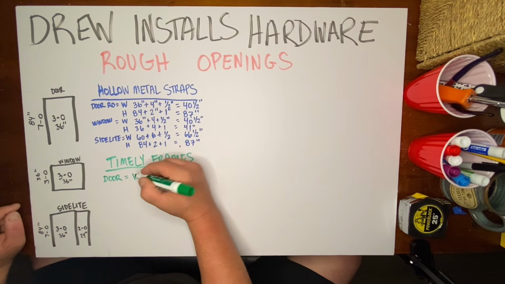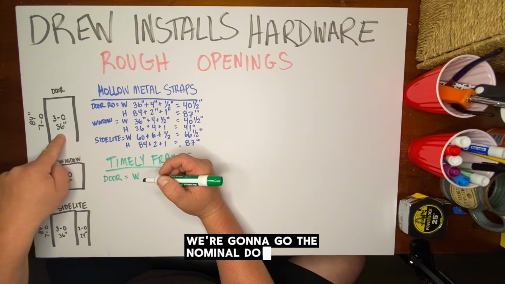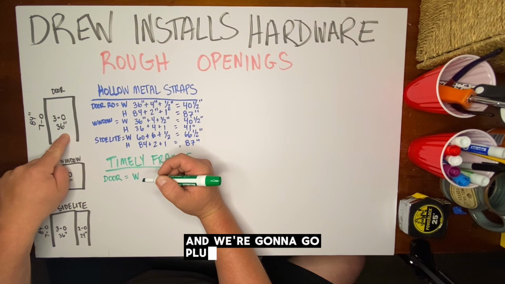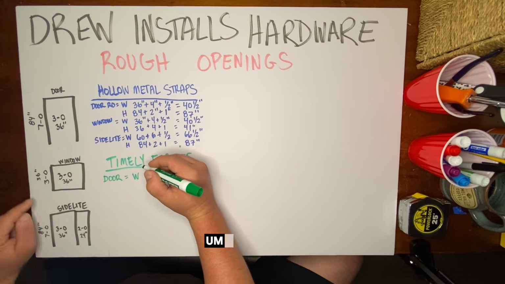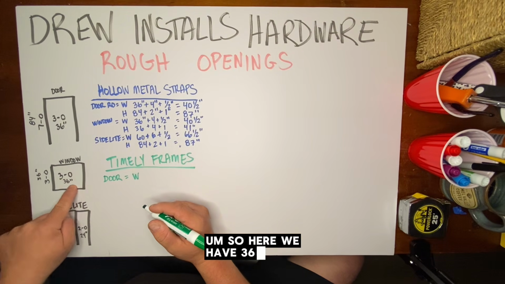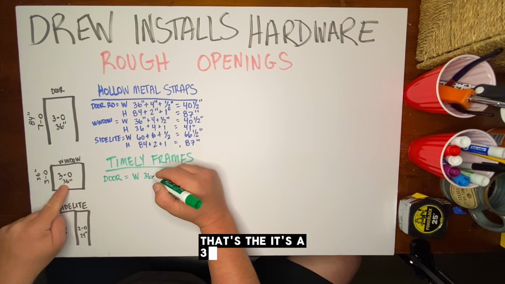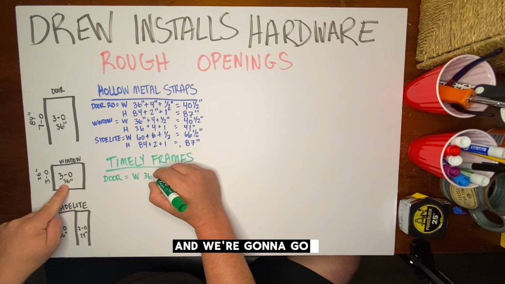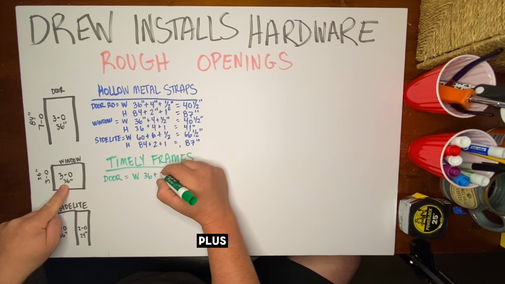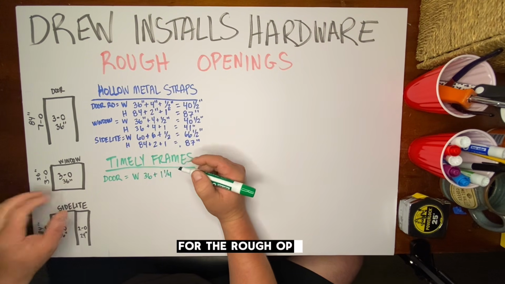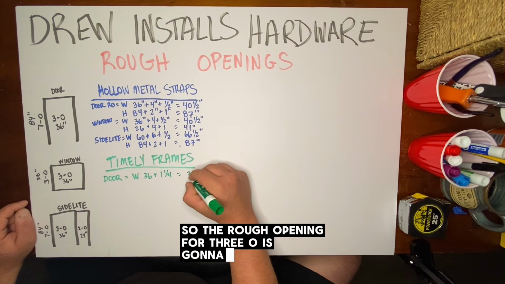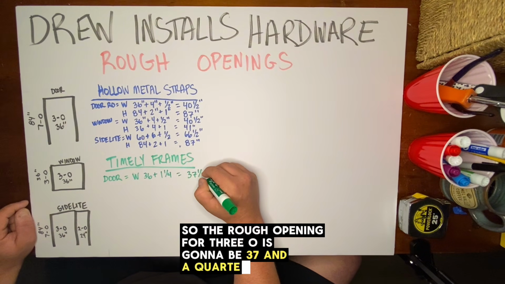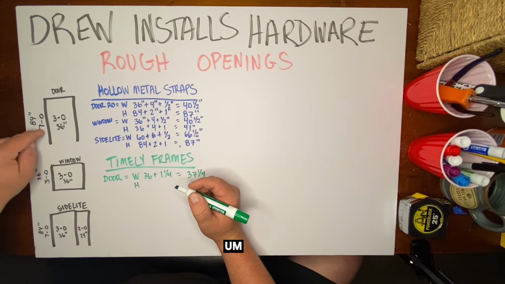For the width, we're going to go with the nominal door width, and we're going to go plus an inch and a quarter. Okay. So here we have 36. It's a 3/0 door, and we're going to go plus an inch and a quarter for the rough opening, and that's it. So the rough opening for a 3/0 is going to be 37 and a quarter. The height, okay, we're on the door here.